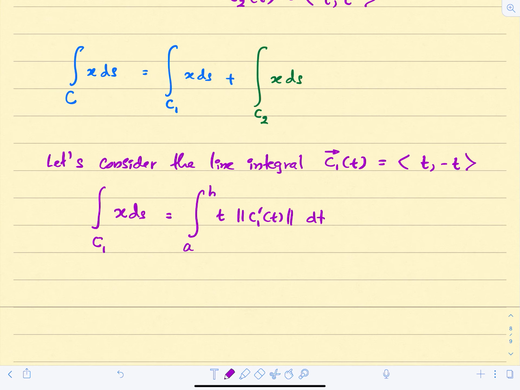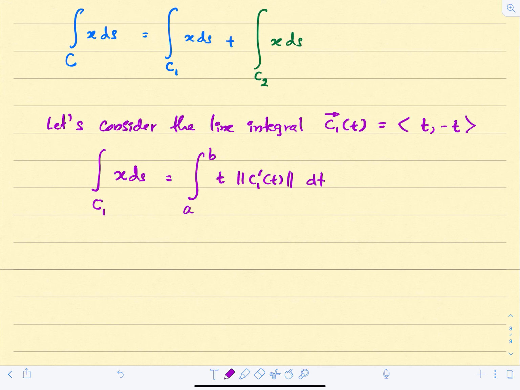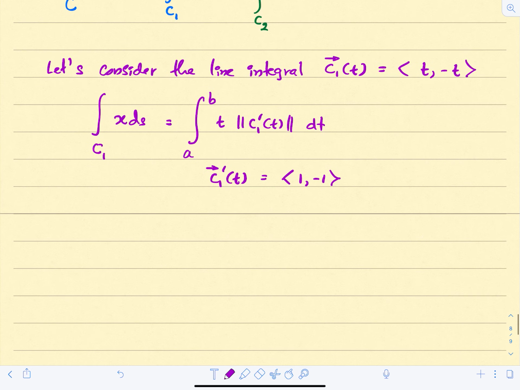Okay, and we need to figure out the limits. Let's calculate C1 prime. C1 prime should be 1 comma negative 1. Therefore its magnitude should be the square root of 1 squared plus negative 1 squared, which equals root 2.